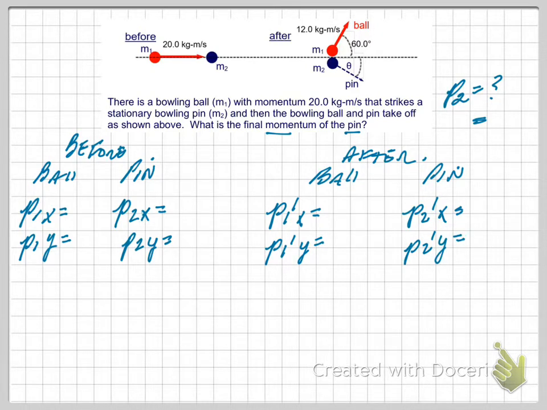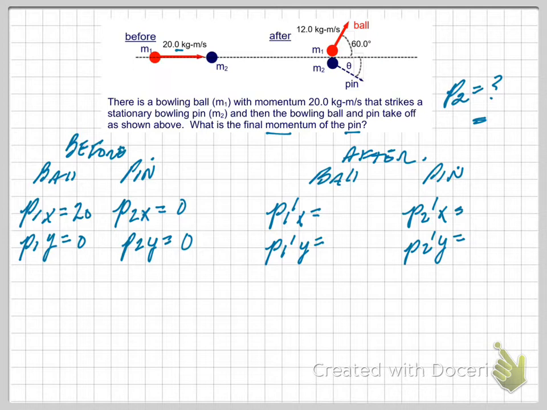All right, so the momentum of the ball initially in the x direction was given as 20, and I'm just going to write the 20 because I don't really have room for the units. And for the ball initially, there is no momentum in the y direction, so we're going to say 0. And the pin was stationary, so it had nothing in the x and nothing in the y.